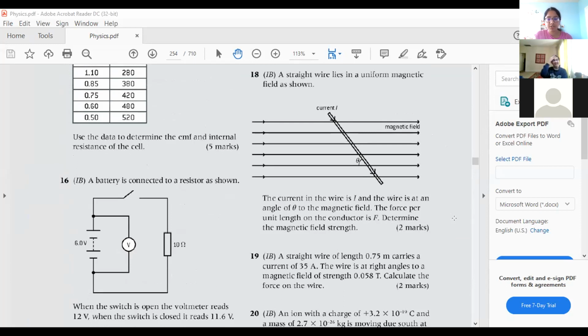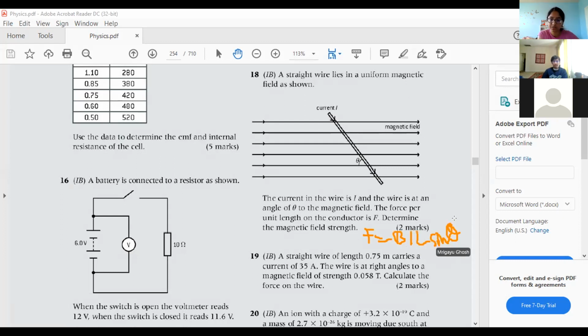Oh my gosh. Okay, so maybe it would just be F over M, right? Or force over M equals F. Or no, okay, wait. So we have F equals BIL sine theta, and then you would just do that over M, right?